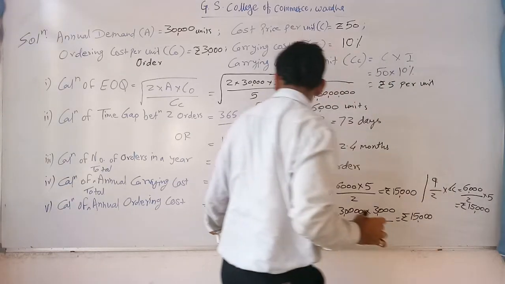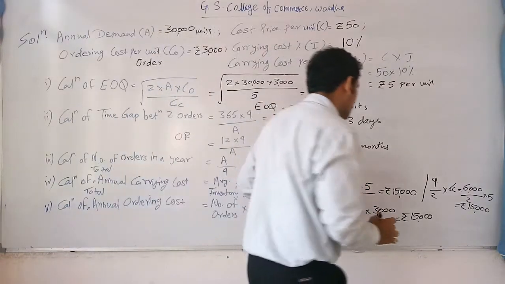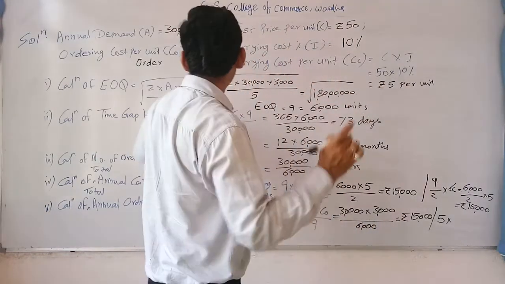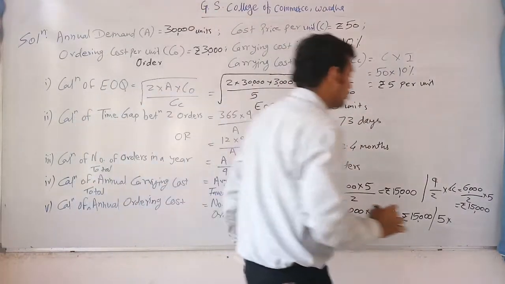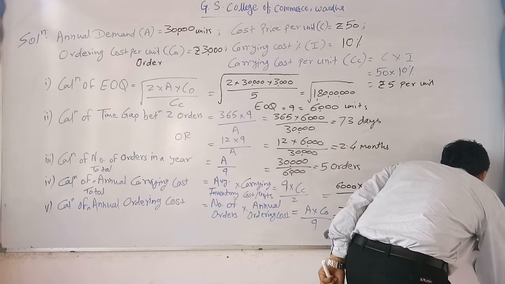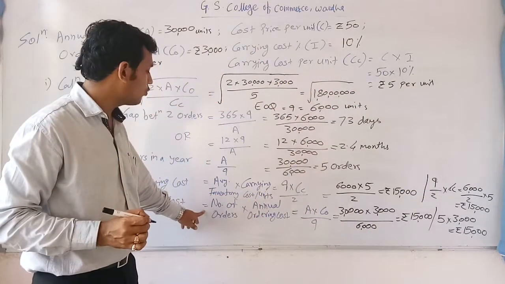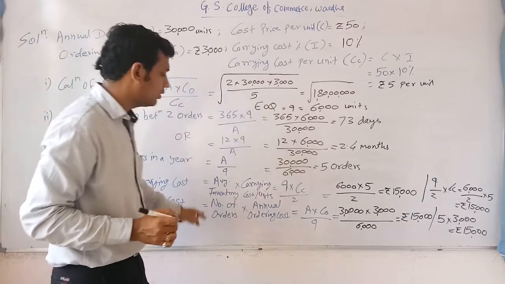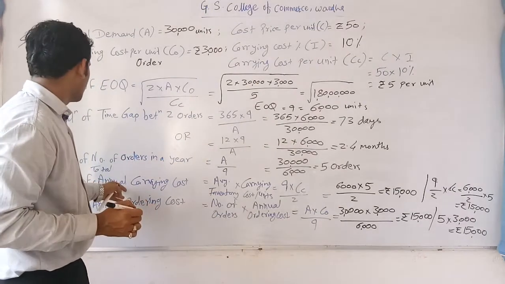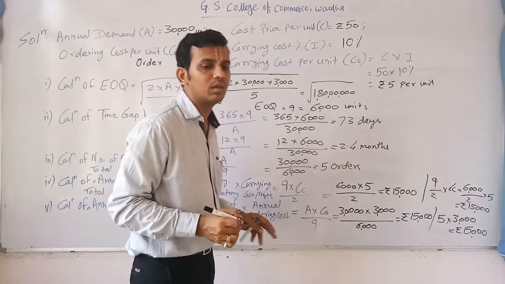In the case of ordering cost, if we have calculated the number of orders, that is 5, multiplied by ordering cost mentioned in the question, rupees 3,000, it would be rupees 15,000. So if we have our number of orders from the prior part of the solution, we can directly use the second formula. Even in the case of annual carrying cost, we can simplify the formula according to our convenience, but the answer would be the same in both cases.